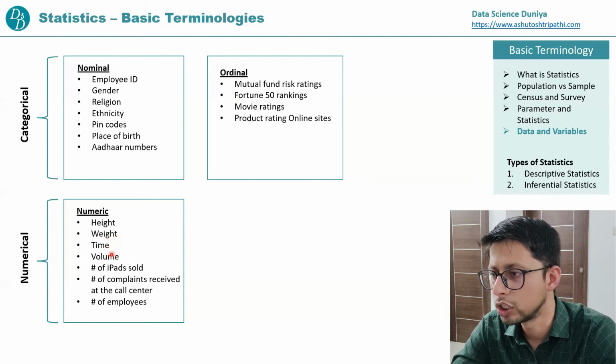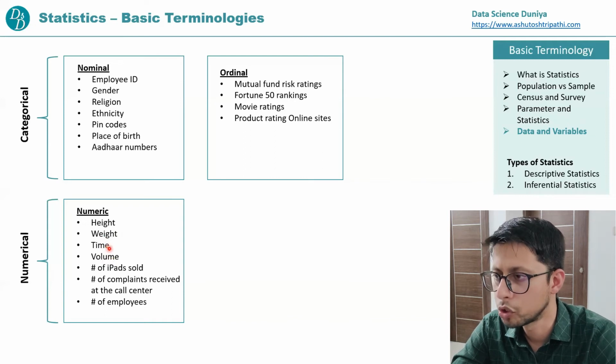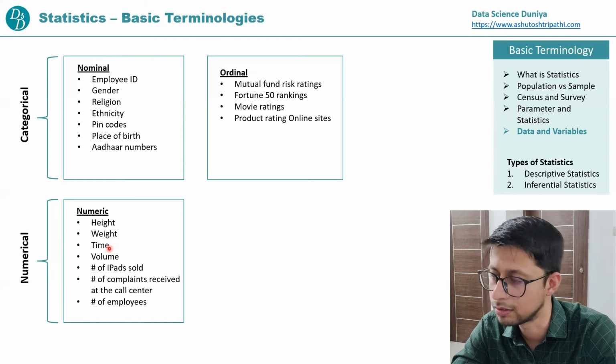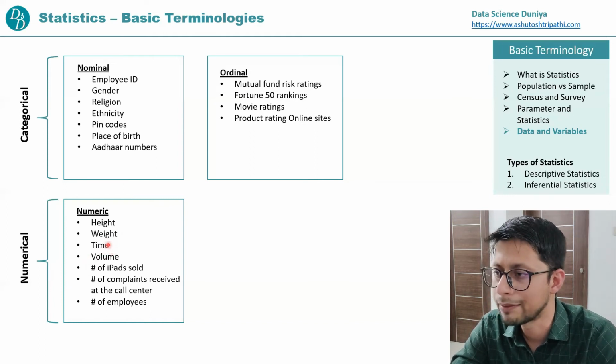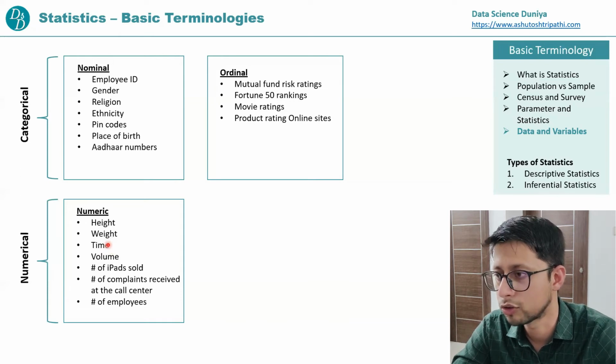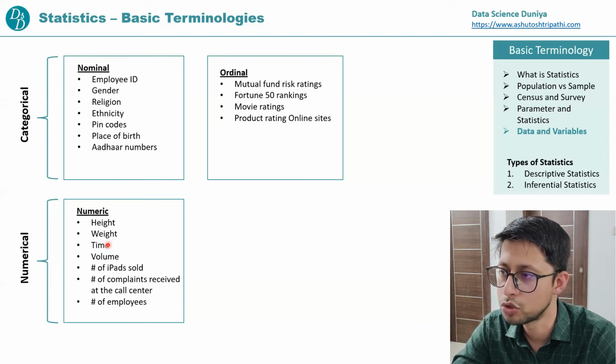Or time, volume. Time also is not only between 1 to 12 or 1 to 24. It could be in seconds, milliseconds, and further you can divide into microseconds, right? So infinitely you can divide. But of course, if you divide time in hours and fix it at 12 hours, then 1, 2, 3, 4, those hours only, then there are only 12 categories.